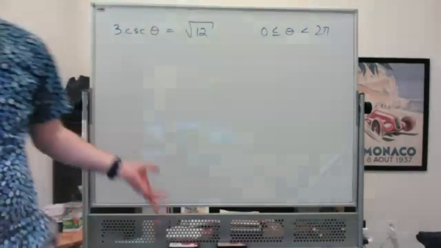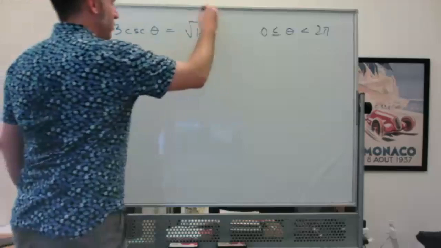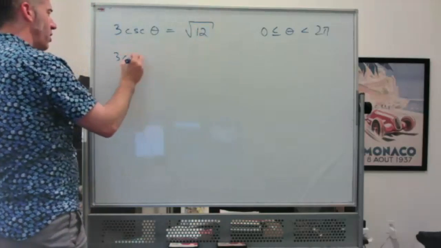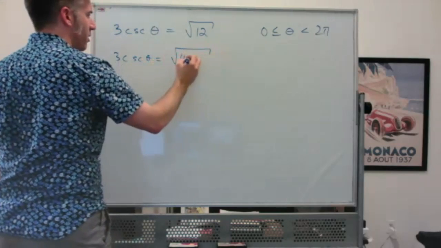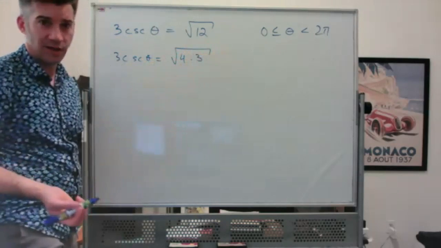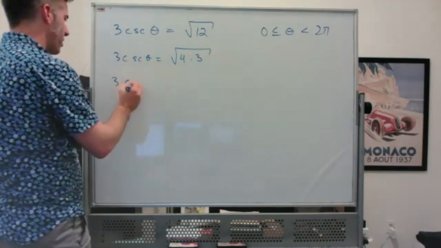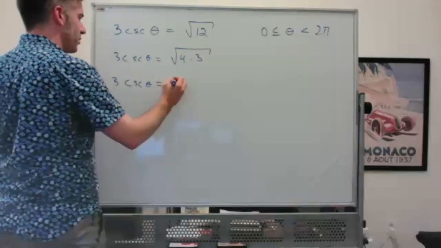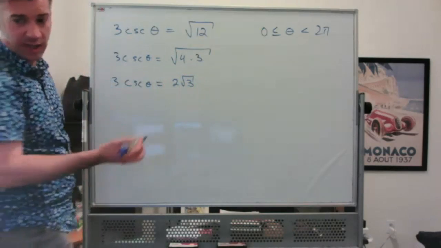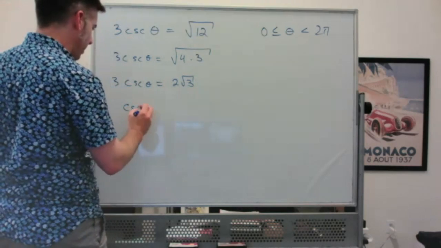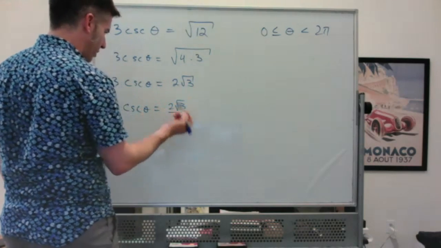I should probably first simplify the square root of 12. The square root of 12 is equal to the square root of 4 times 3, and the square root of 4 is 2. So really we have 3 cosecant of theta equal to 2 root 3. Then I can divide both sides by 3 and say that cosecant of theta is equal to 2 root 3 over 3.